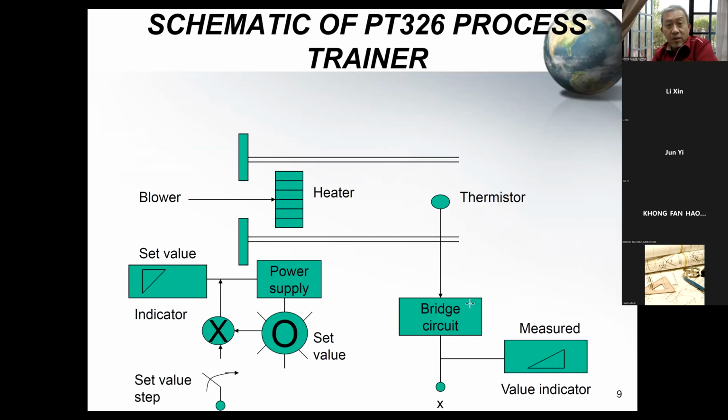So this is the schematic of the system: the thermistor, the heater, the power supply, the set value indicator, the bridge circuit, and then the measured value indicator.